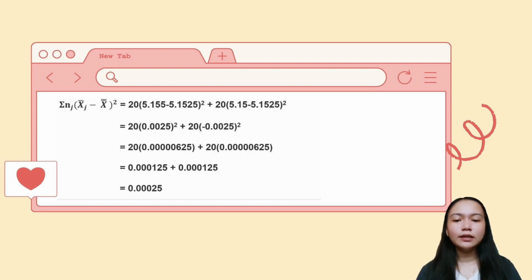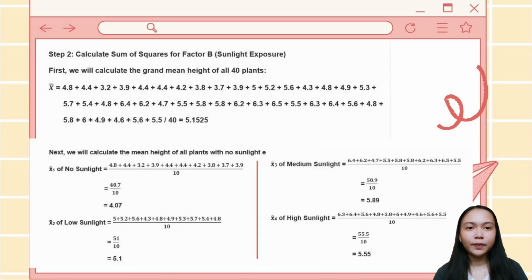So 20 times 0.0000625 is equal to 0.00125, plus 20 times 0.0000625 is equal to 0.00125, which totals 0.0025. Step 2. Calculate sum of squares for factor B, sunlight exposure.